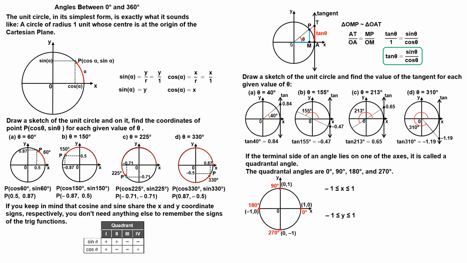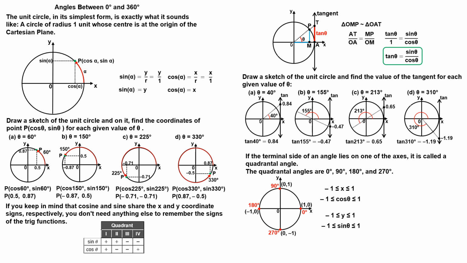The cosine of a quadrantal angle is the x-coordinate, so the minimum value of cosine is -1 and the maximum value of cosine is 1. The sine of a quadrantal angle is the y-coordinate, so the minimum value of sine is -1 and the maximum value of sine is 1. The only values that sine and cosine could have at a quadrantal angle are 0, 1, or -1.